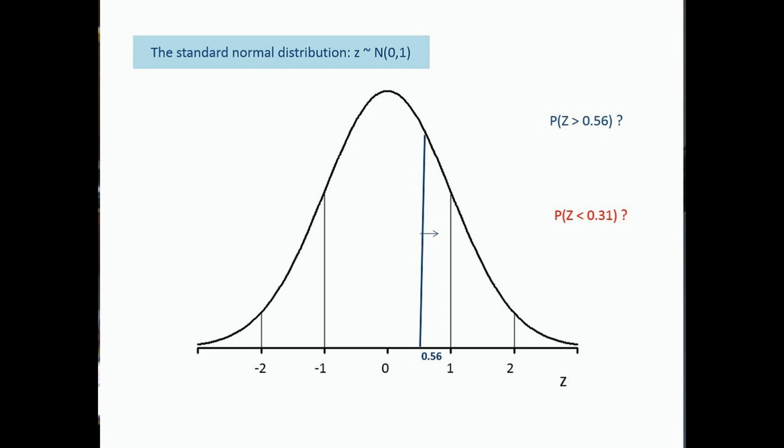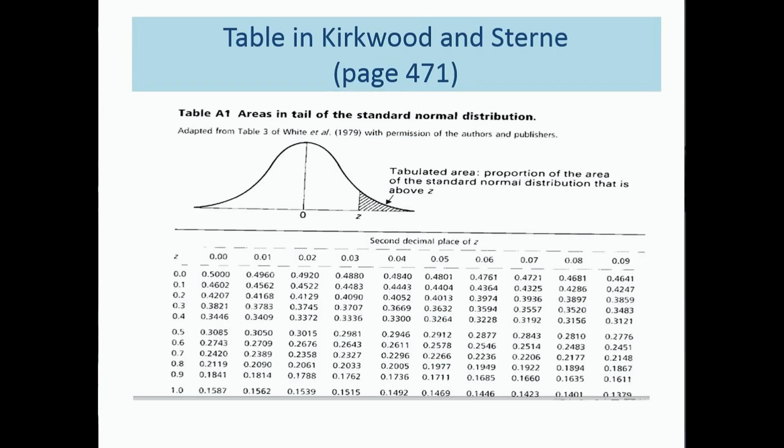To answer the question, what is the probability to find a Z value smaller than 0.31, we are interested in the area on the left hand side of the Z value 0.31.